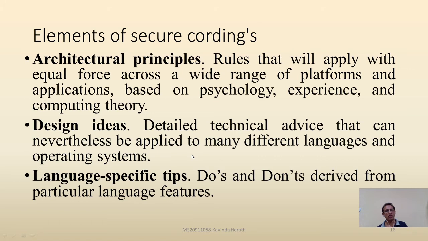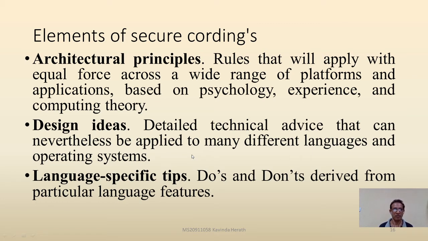Elements of secure coding. There are particular elements in secure coding. We sometimes discuss this, but mainly there are architectural principles, the rules that apply with equal force across a wide range of platforms and applications, based on psychology, experience, and computing theory.